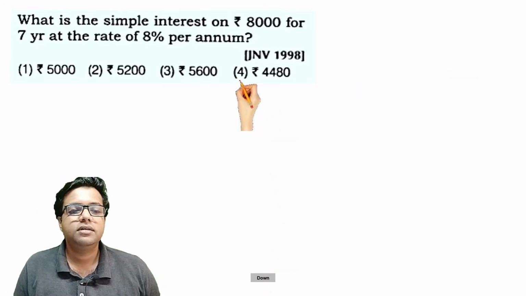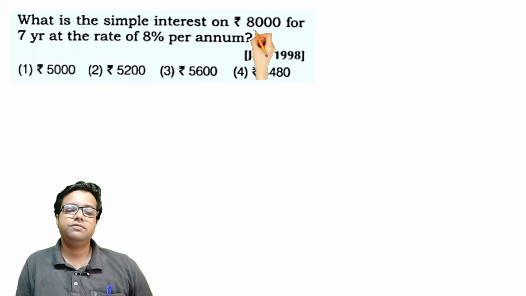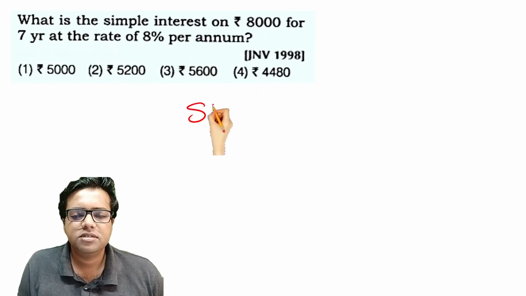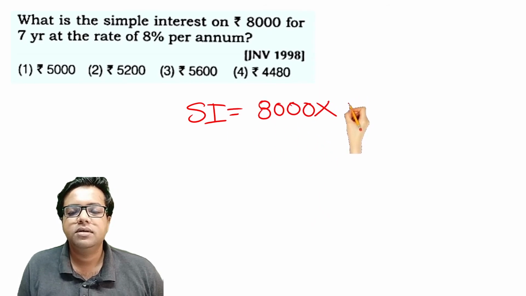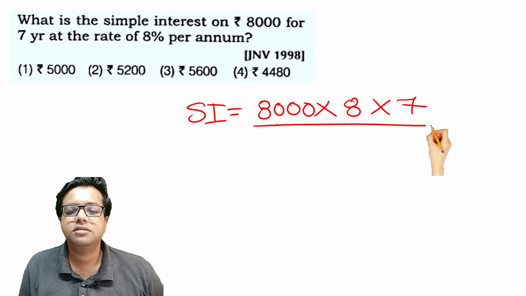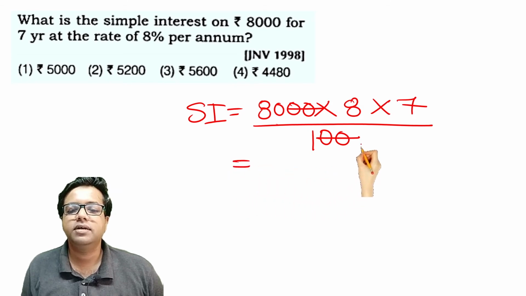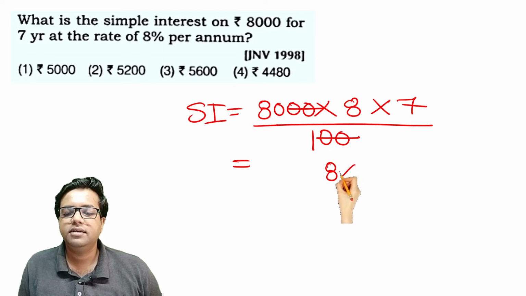Let's move ahead. What is the simple interest on 8,000 rupees for 7 years at the rate of 8% per annum? Okay, simple interest again is equal to principal 8,000 into rate of interest 8% into time duration 7 years divided by 100. 2 zeros will go away. So 8 7s is 56, right?